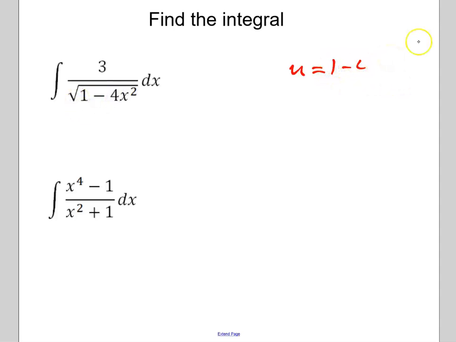So 1 minus 4x squared equal to u. Then see what your du would be. Your du would be negative 8x dx. Okay. Now, comparing things, the problem is I don't have a negative 8x or even just an x anywhere else. And so I can't do that. So I tried it. It didn't work.